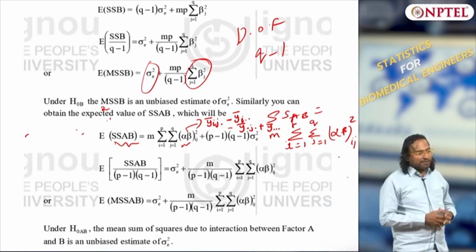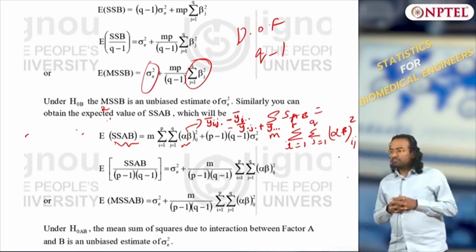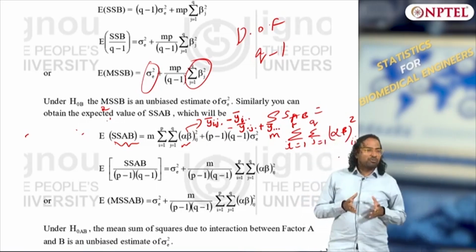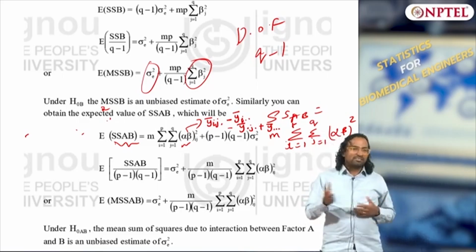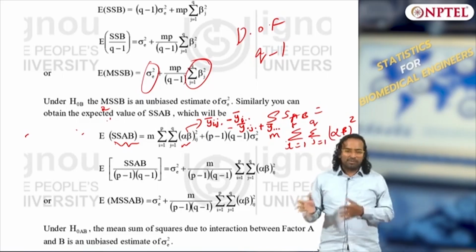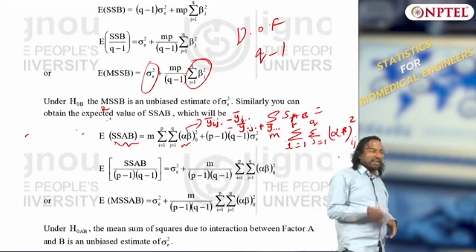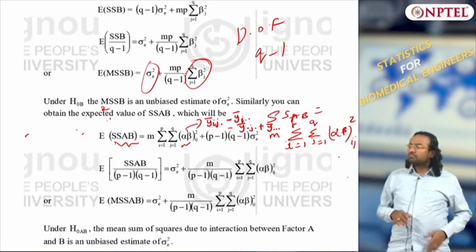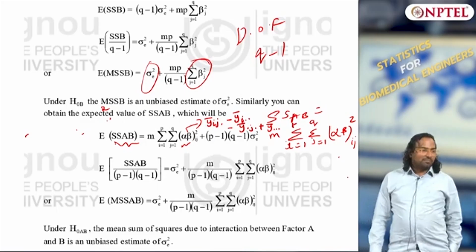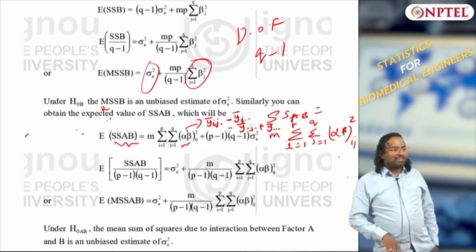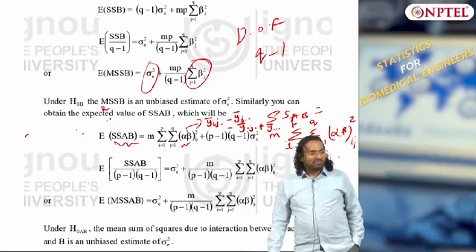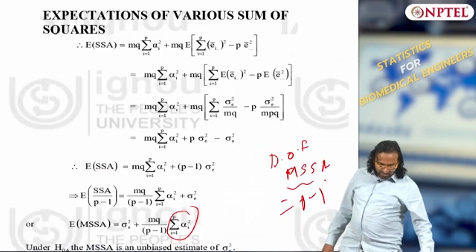And what is the degrees of freedom for this? P minus 1 into Q minus 1, because individual degrees of freedom you are just multiplying, P minus 1 into Q minus 1, and the error degrees of freedom is by subtraction. What is the total degrees of freedom? MPQ, yes, M has to be included. MPQ minus 1 is the total degrees of freedom, because there are replications, remember.